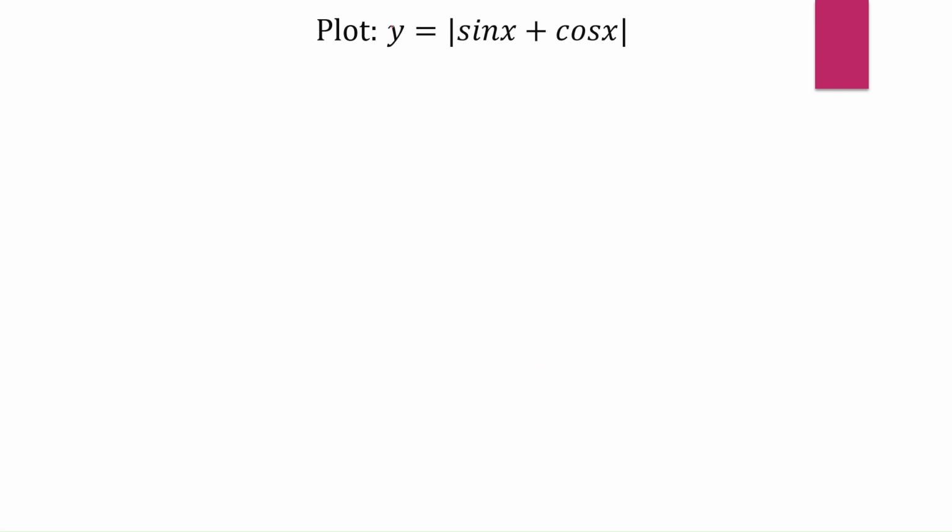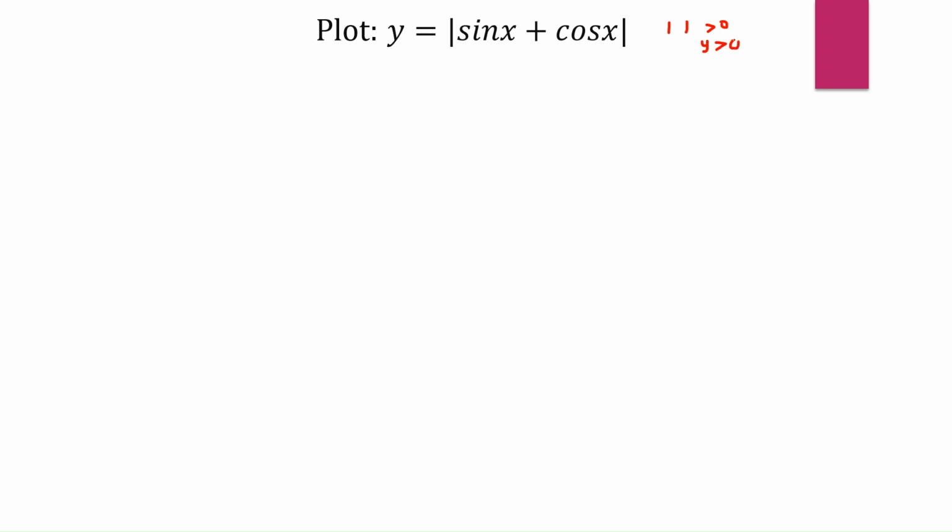Now, let us try to plot the equation y equals mod of sin x plus cos x. Since the function is inside the mod, we have seen already that mod of something is always greater than or equal to 0.